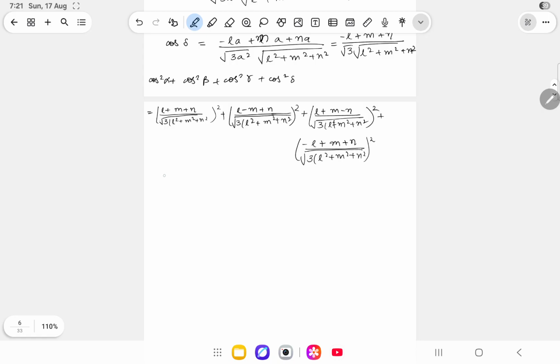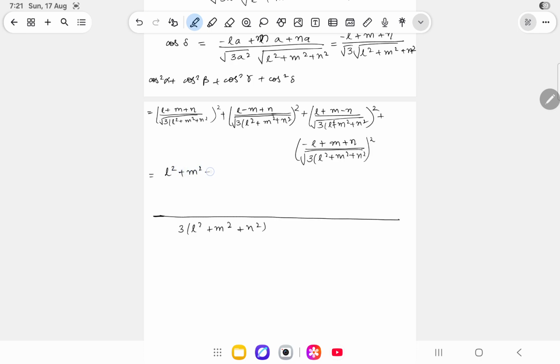If we simplify this, in the denominator we'll get 3 times L square plus M square plus N square, and in the numerator we'll just open these whole squares. Let's start with the first one.